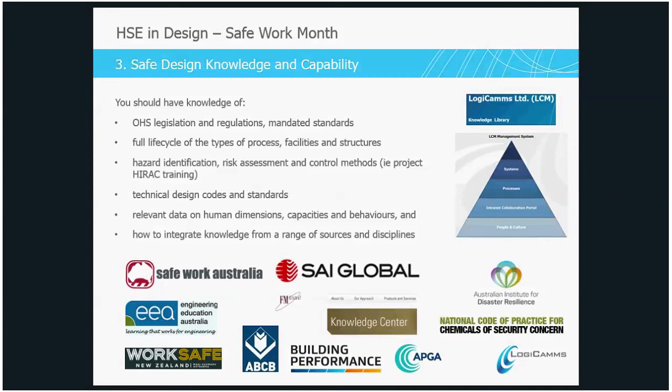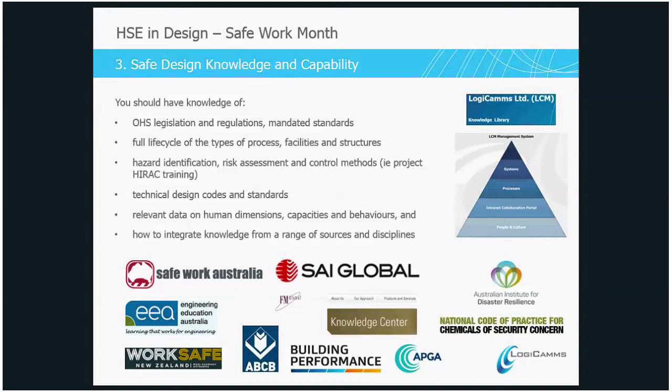So as designers, we should have knowledge of the OH&S legislation and regulations and any mandated standards. Understand the full life cycle of the types of processes, facilities and structures that we're developing. Hazard identification and risk assessment and control methods. So the project itself either needs to adopt the client system or adopt our own system.